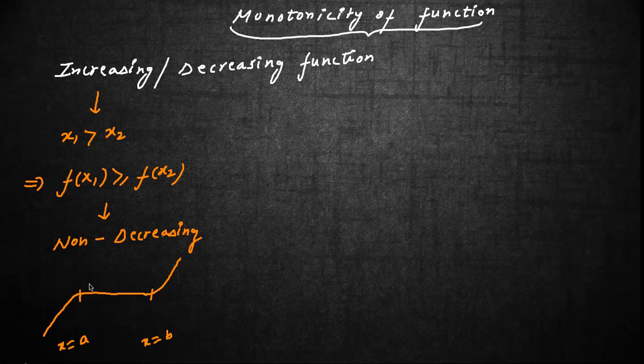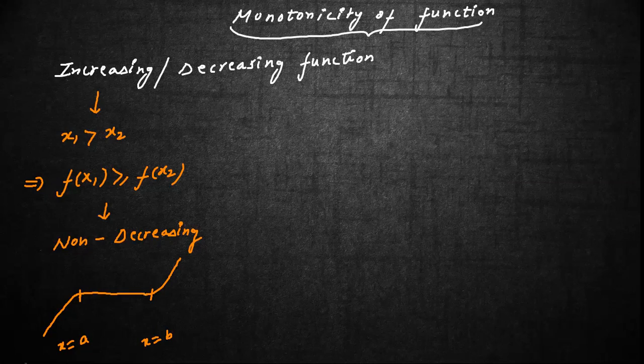It is neither increasing nor decreasing. But from here to here, it is increasing and then increasing. That is why overall we say that this function is non-decreasing, right? Here it is constant. For the rest of the values of x, it is increasing. So we say such a function is non-decreasing.